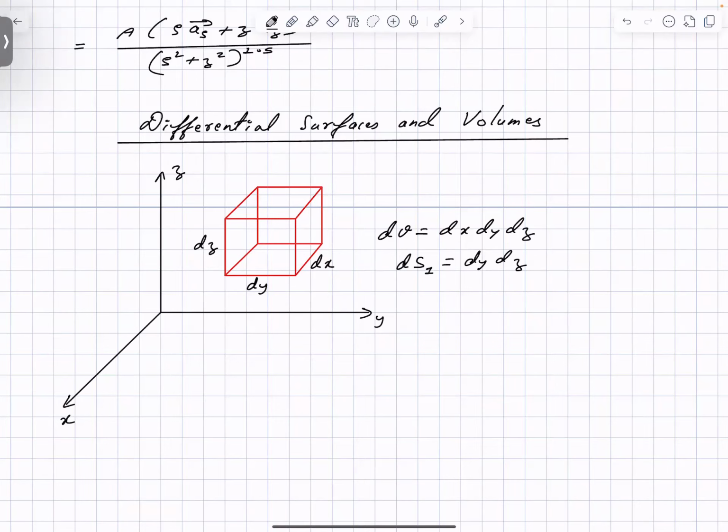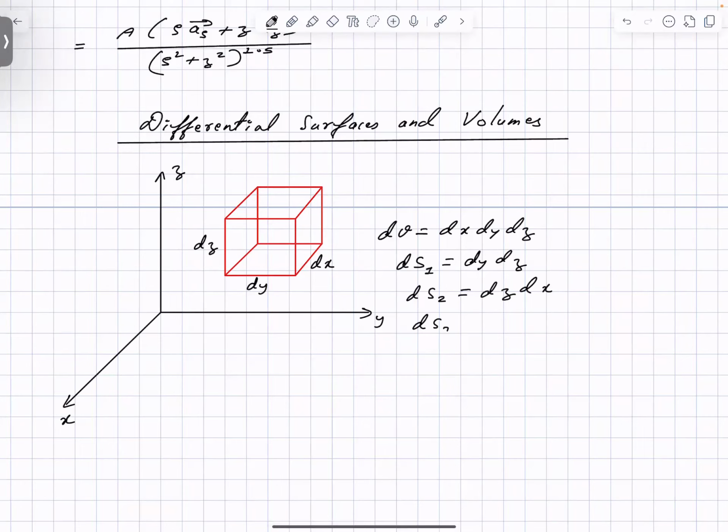Then the second type of surface we have is where y is fixed, no variation over y, but variation over x and z. So that would be if we consider the left surface or the right surface. Okay, so we'll call that surface ds2, and that area is dz times dx. And then there is the top and the bottom, right? The top and the bottom have no variation in z, variation over just x and y.